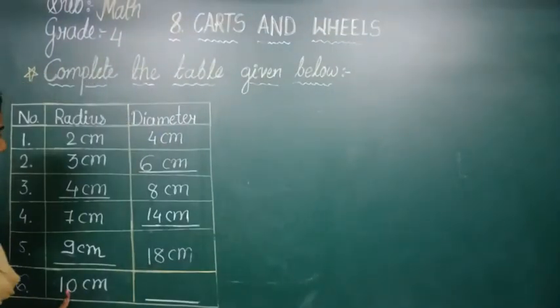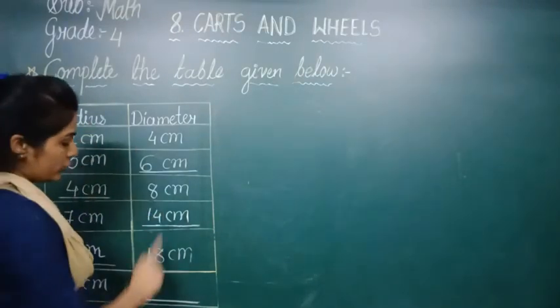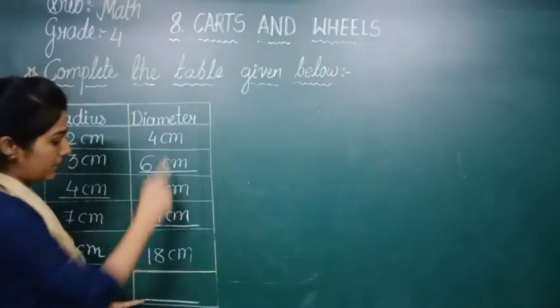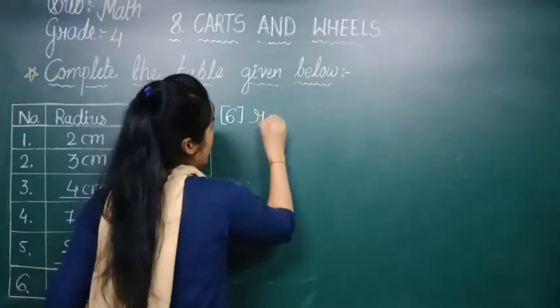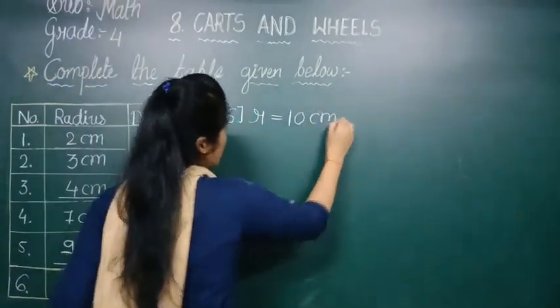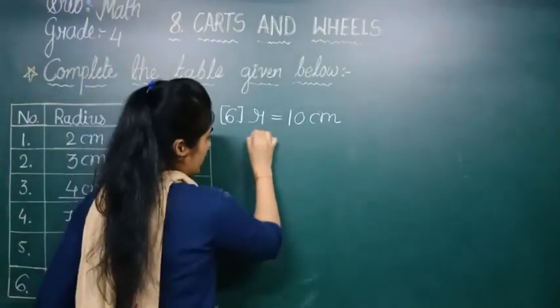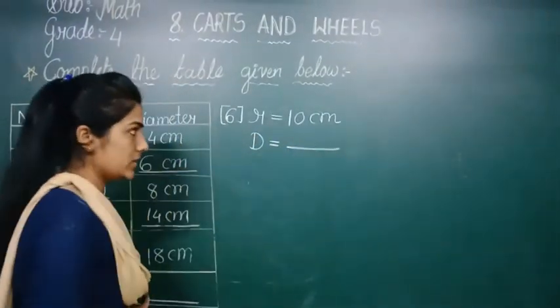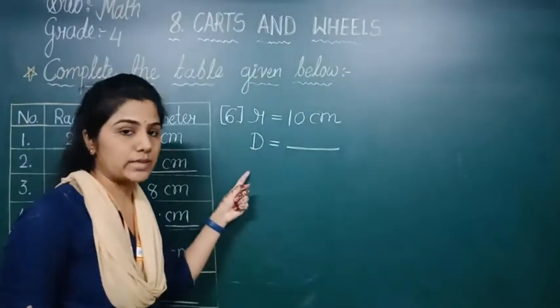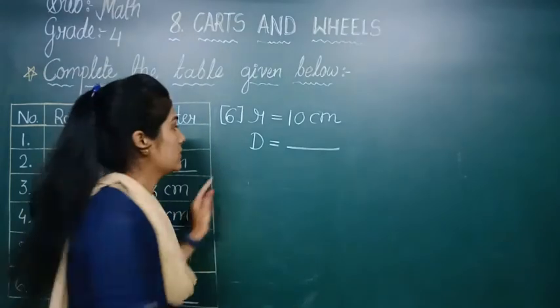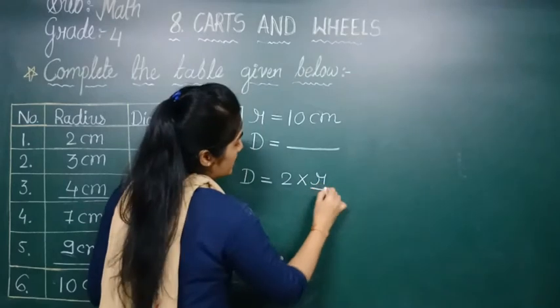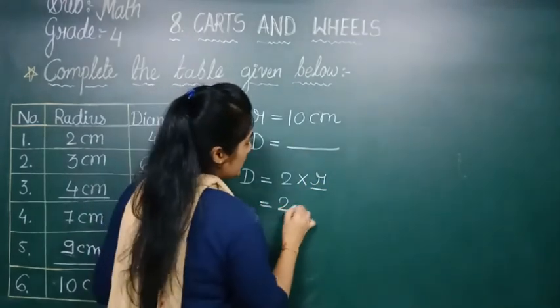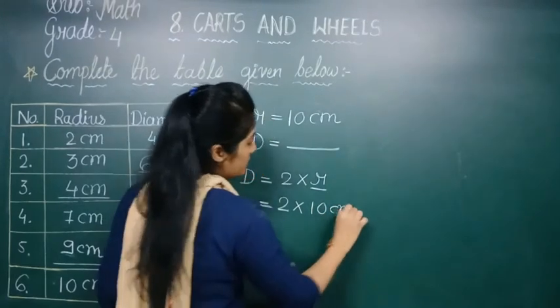Now last is the sixth number. 10 centimeter is radius, meaning radius is given 10 centimeter and we need to find diameter, meaning blank is given in the place of diameter. So number 6, R we are having 10 centimeter and diameter we need to find, D we are finding, right? See, these details you need to write whenever you are finding this kind of sums. So D is equal to 2 multiply R. Instead of R, value we are writing 10 centimeter.